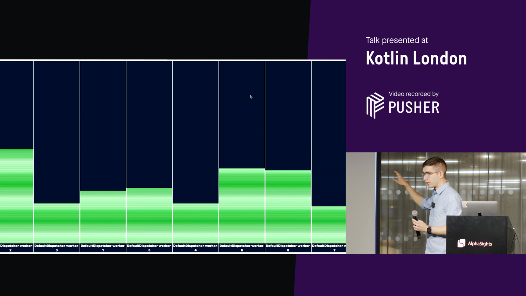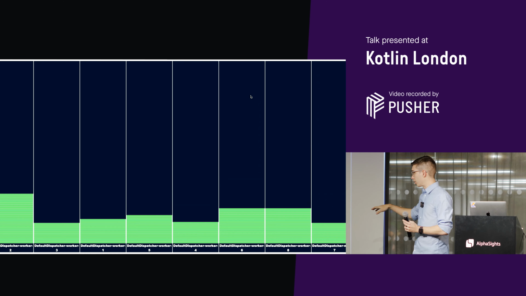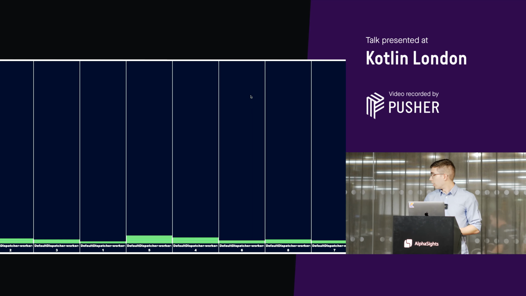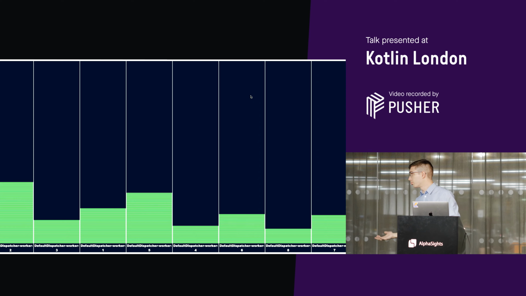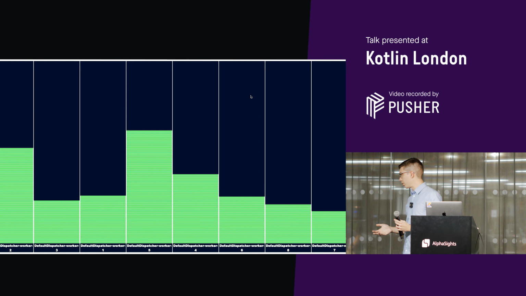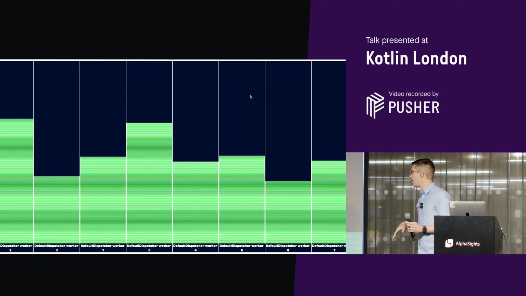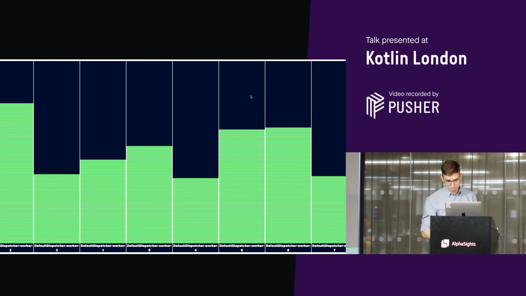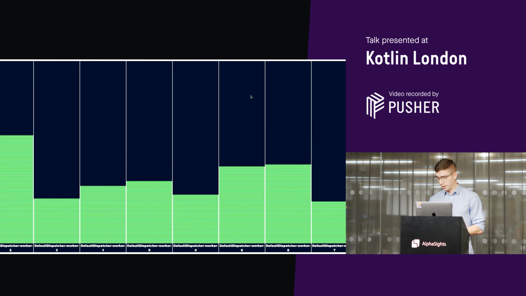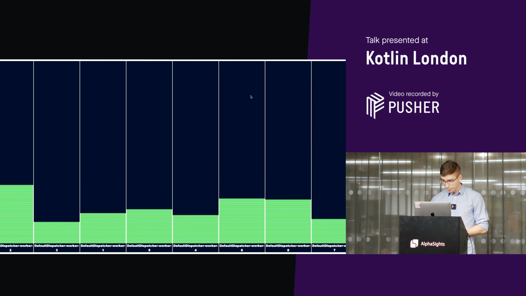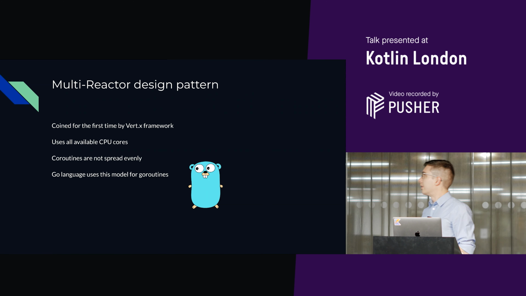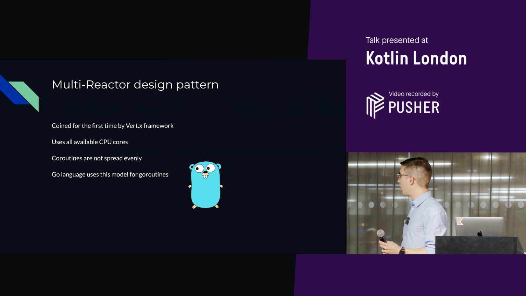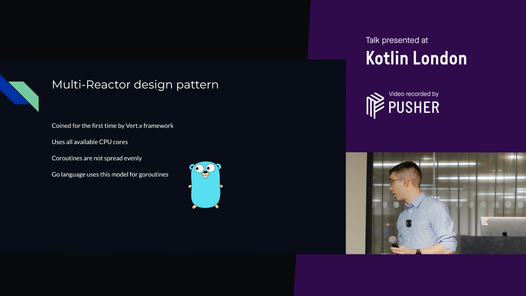Some threads get more coroutines to execute, some threads get less. Another part is that even though some threads get more tasks to execute, they may finish before others with fewer tasks. So it's distributed in pretty random order, even though I have the same amount of work for each coroutine. And as you may have guessed from the name of the file that I executed, it's called Multi-Reactor Design Pattern.